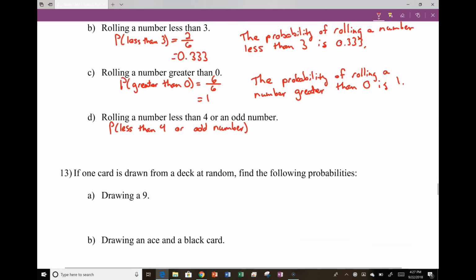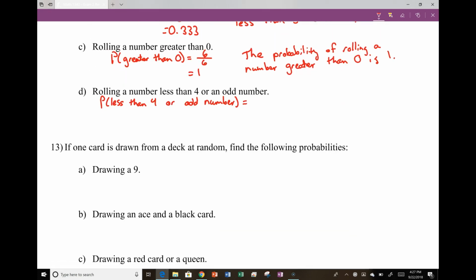So to solve this, I need to look at the probability of less than 4, plus, because I want an or, the probability of an odd, and then I have to subtract out their overlap, the probability that it's a number less than 4 and an odd number. Less than 4 was 3 out of 6. An odd number was also 3 out of 6.